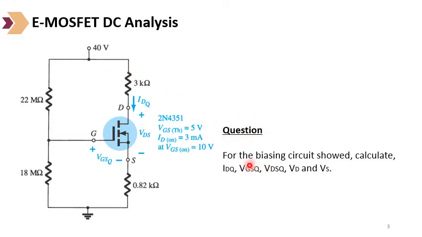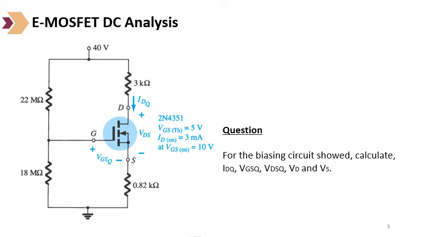For the biasing circuit shown, calculate the IDQ, the VGSQ, VDSQ, VD, and also the VS. When you look at the circuit, we know that it is the voltage divider biasing of the DC analysis of the E-MOSFET.